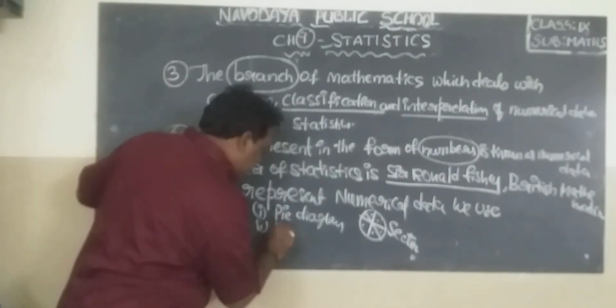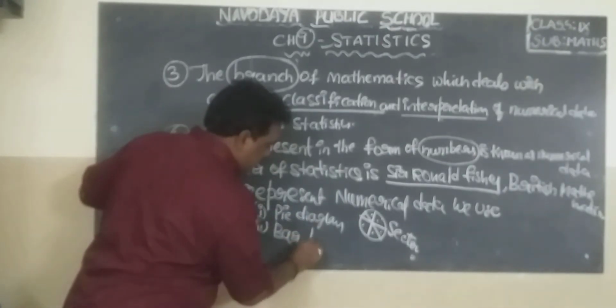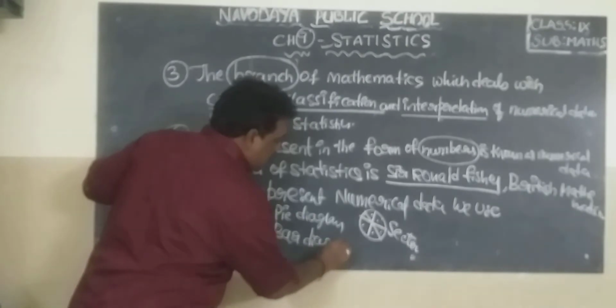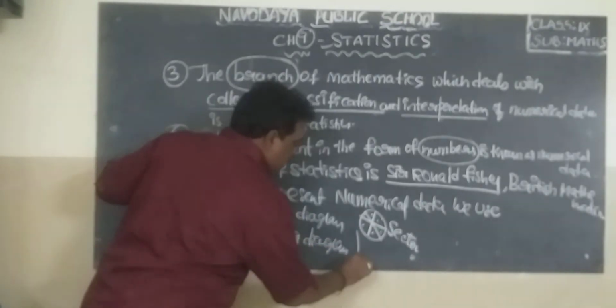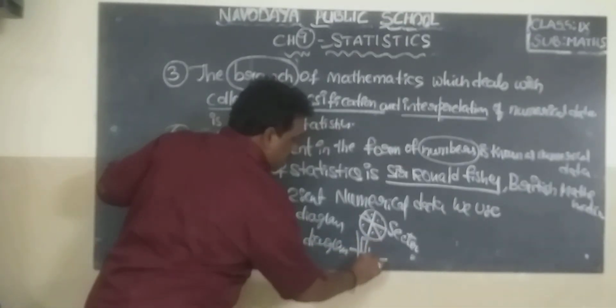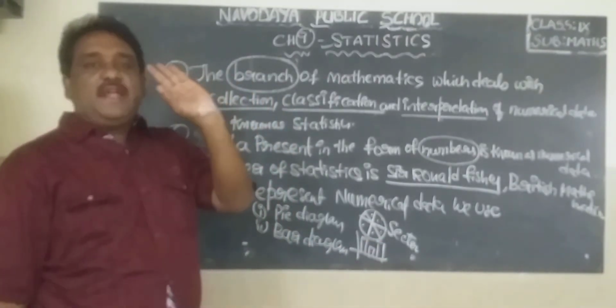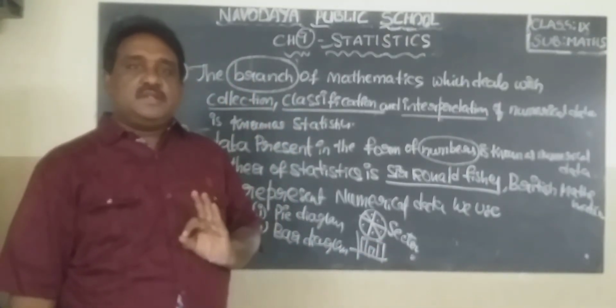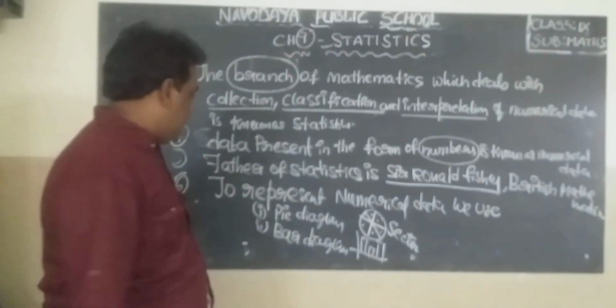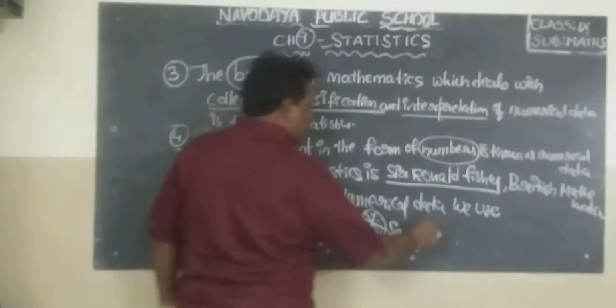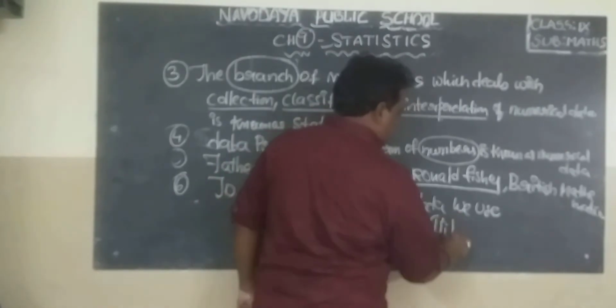Number two, bar diagram. This is bar diagram, you know. Every rectangle represents numerical data. Then, third one, pictograph.